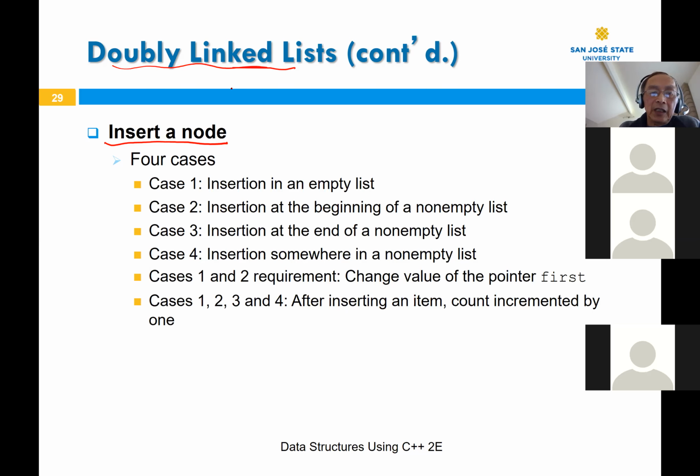Insert anything in there, we have to consider cases. Case 1, if it's empty, we have to deal with that special case. Case number 2, insert at the beginning. Case number 3, insert at the end. Case number 4, insert somewhere in between. You with me? Make sense?